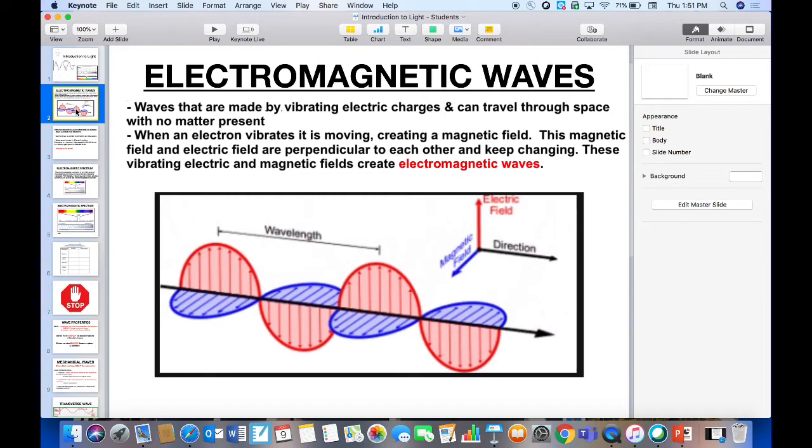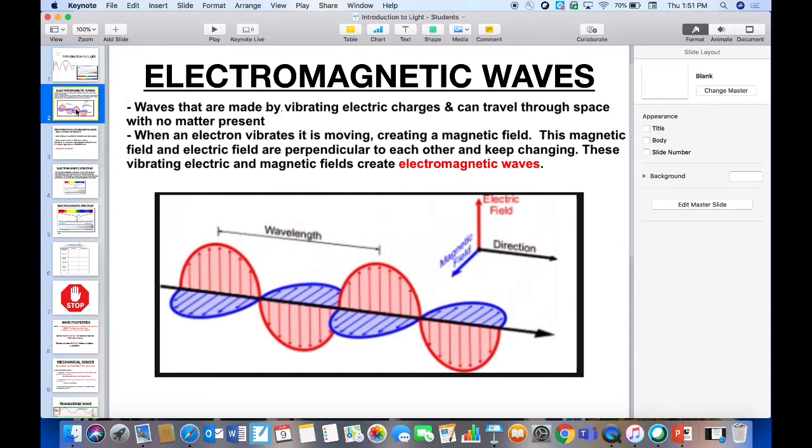It's also inducing another electric field. And so how these electromagnetic waves form is you basically have magnetic fields and electric fields that are moving perpendicular to one another, and they keep changing. And it's what these moving, vibrating electric and magnetic fields create that gets you to the electromagnetic waves.